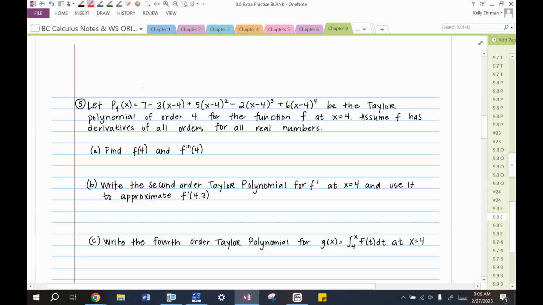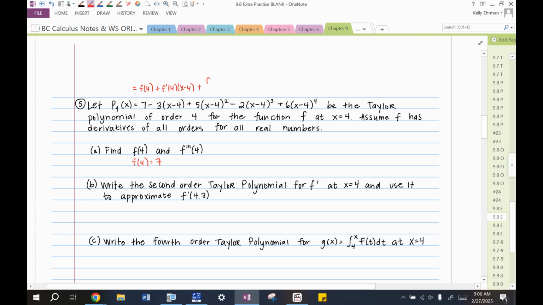But remember that before this line, 7 was f of 4. So that's my answer there. So f of 4 is just 7. That's easy. But the third derivative at 4 is not just negative 2. Because remember, the next line is f prime of 4 times x minus 4.